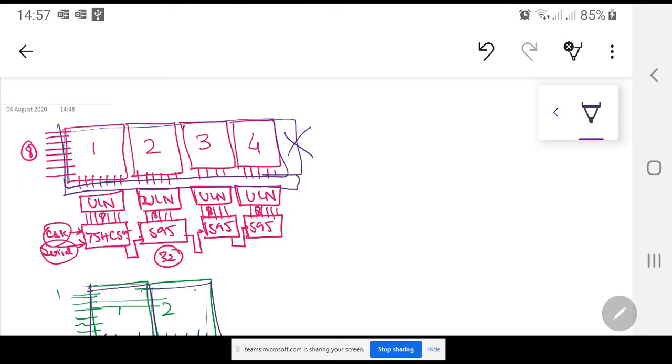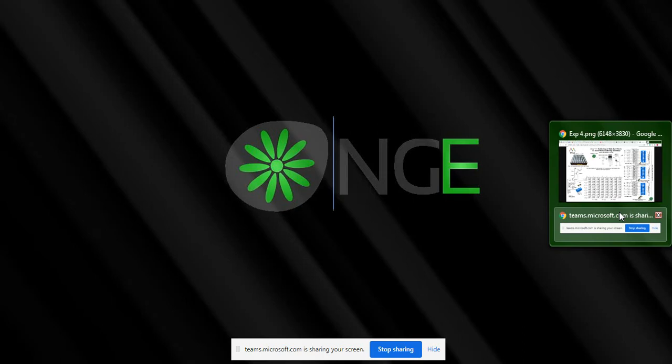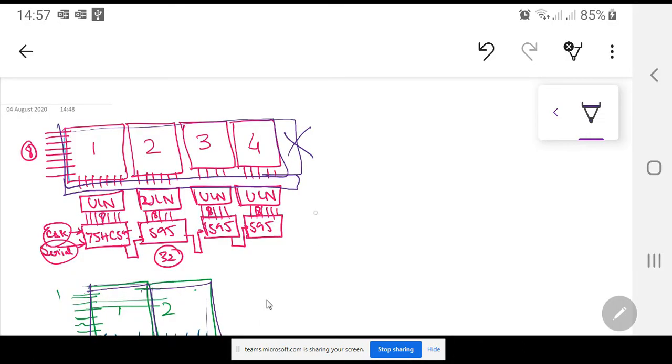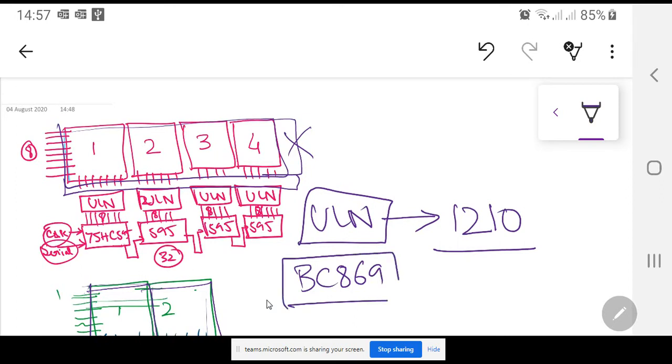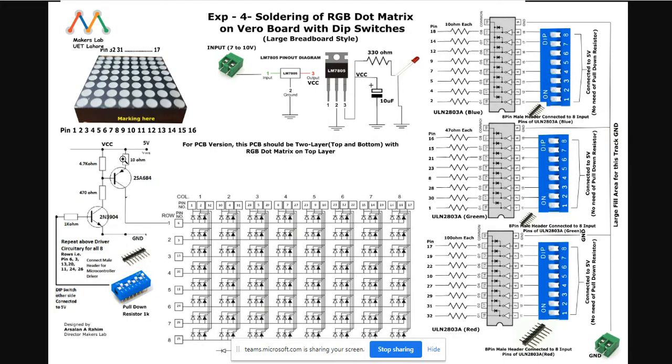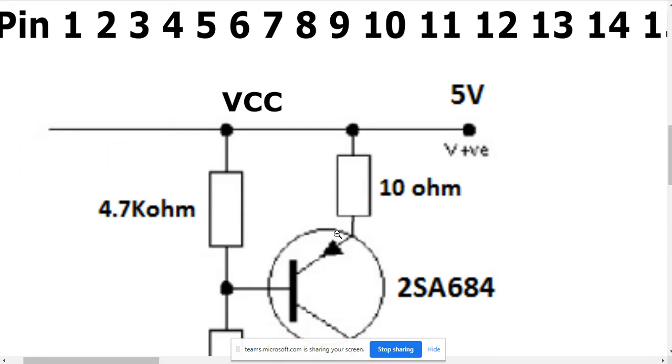Plus, every resistor that is connected with the ULN, this is very important. Every resistor that is connected with the ULN has to be 1210 SMD size, and the resistor that is connected with the BC869 SMD transistor, by which I mean this resistor of 10 ohms, has to be also 1210 size.